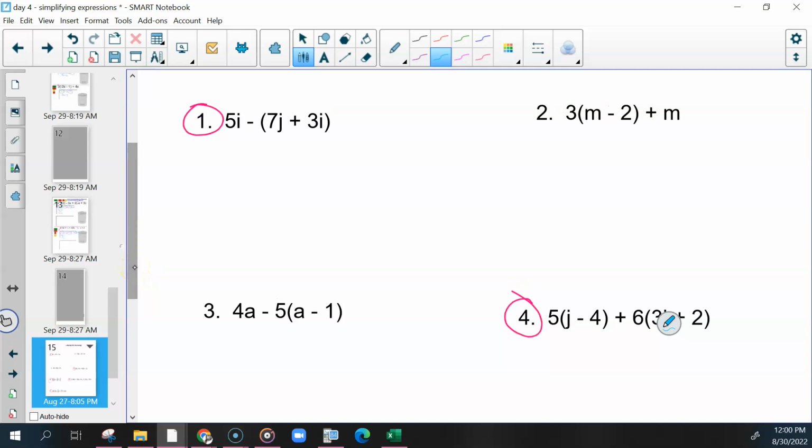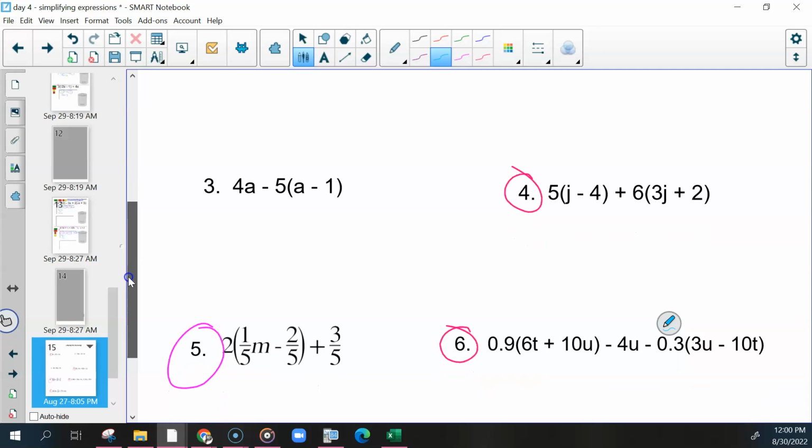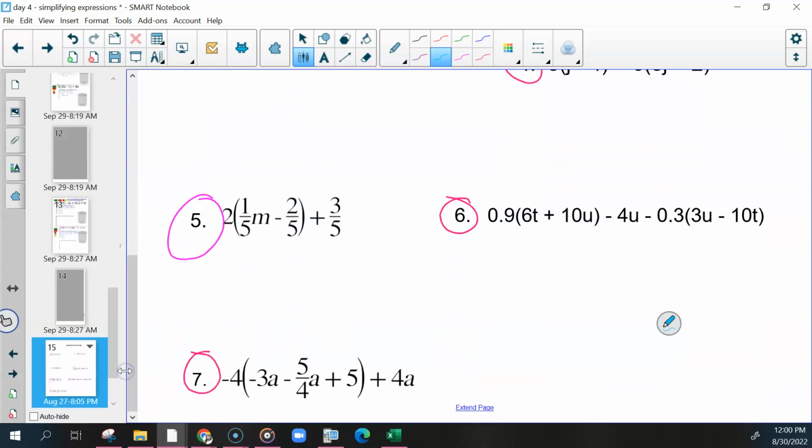We're not going to do number 1 on the next page. I just want to say something, help you out, give you a hint. Behind this minus is a negative 1. So when you're distributing, you're multiplying by a negative 1. So keep that in mind. We're going to do number 5.